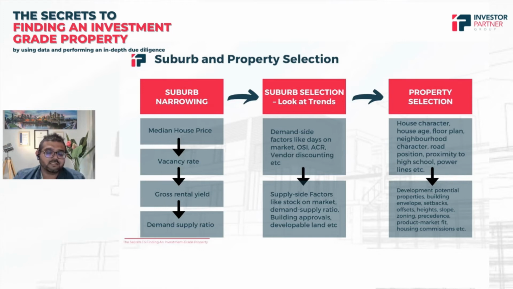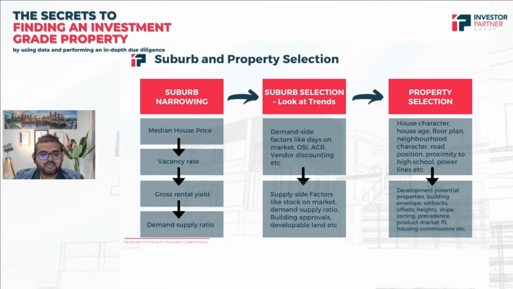Each growth cycle is completely different and not interconnected to what has happened in the last property cycle. I've seen property cycles where properties have tanked in a particular growth cycle and then come back up in another growth cycle. So be very, very careful when people are quoting demand supply ratios to you, because demand supply ratios only indicate, at that snapshot point in time, that demand is significantly higher than supply.